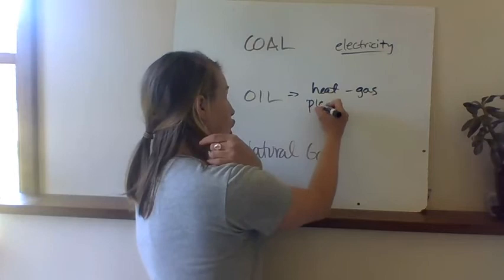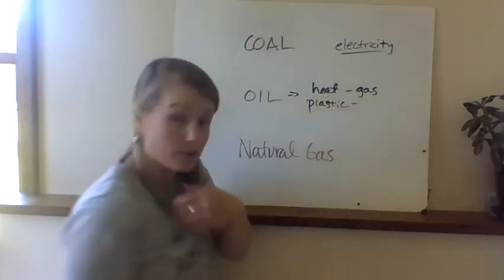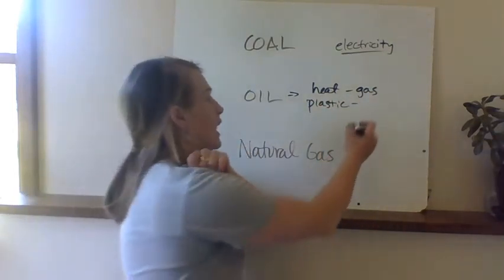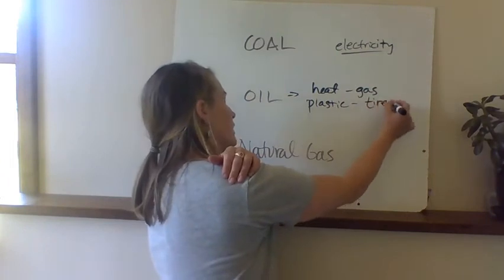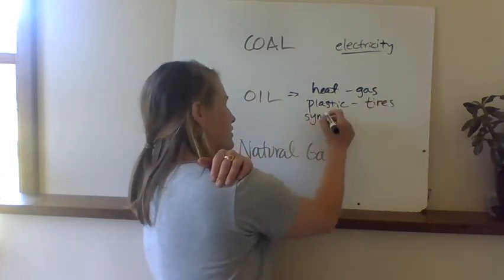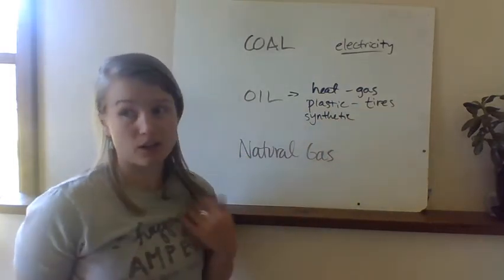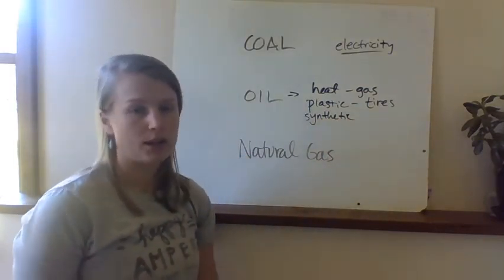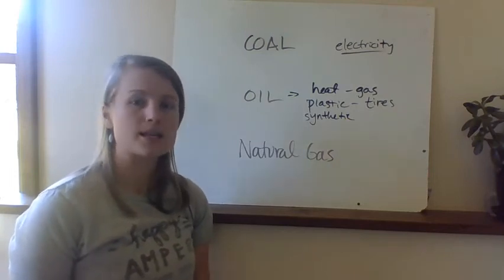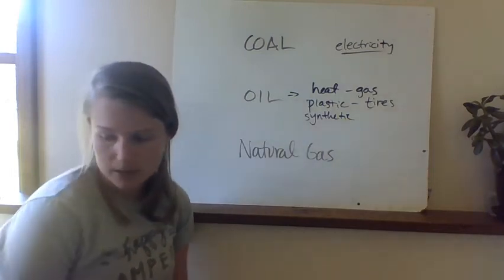Plastic, all plastic comes from oil. Tires come from oil. Synthetic fibers. A lot of your clothes are made out of oil if they're not made out of cotton or other natural fabrics.